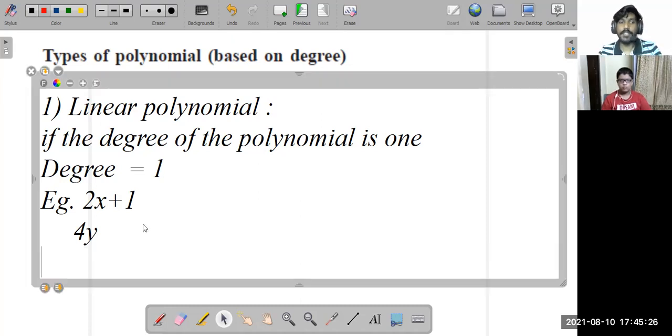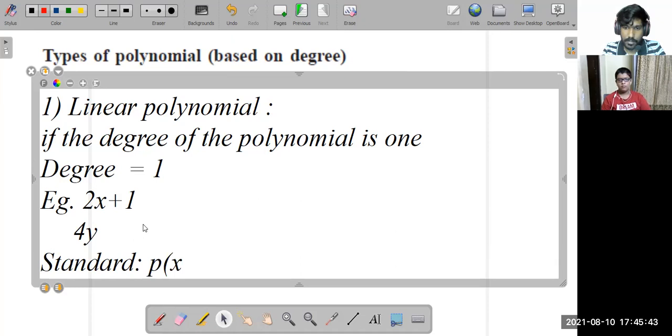Now we have something called the standard form. That means any linear polynomial will look like this. That is the meaning of standard form. You take any linear polynomial, it should look like this. The standard form of a linear polynomial p(x) is denoted as ax plus b.